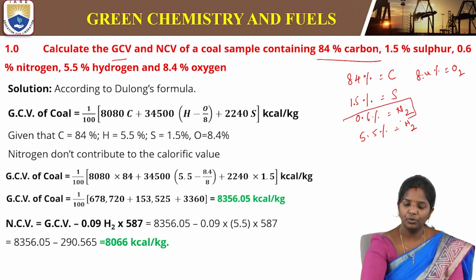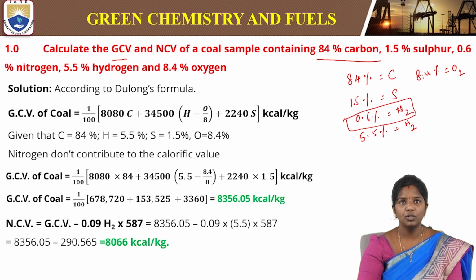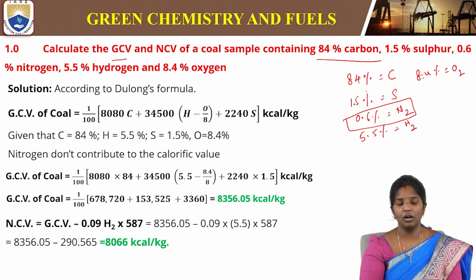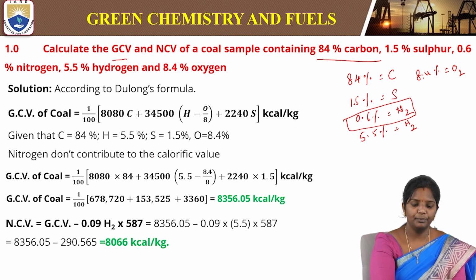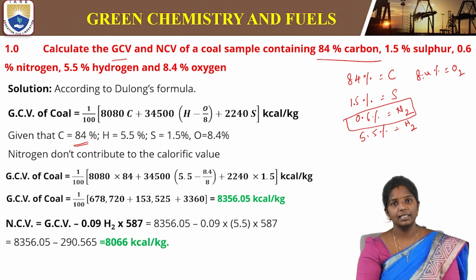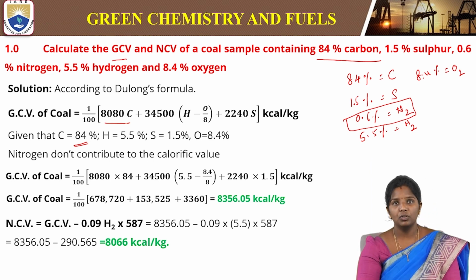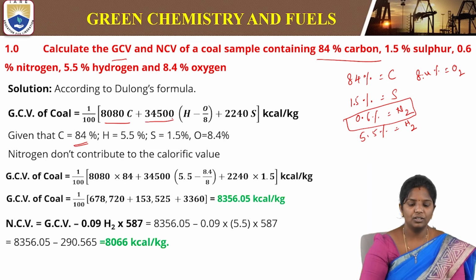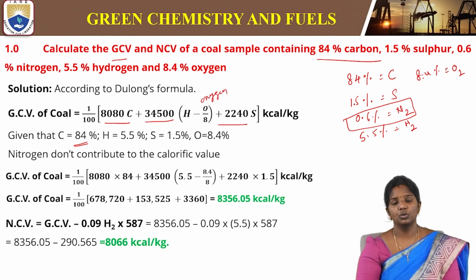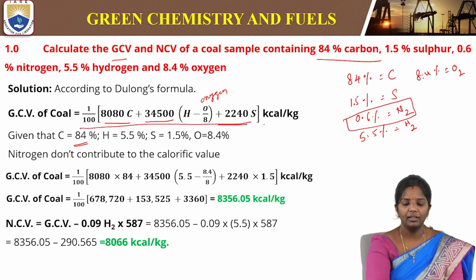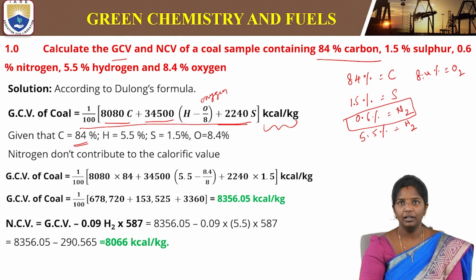Nitrogen doesn't contribute to any calorific value, so we do not consider it, and we substitute the remaining values in Dulong's formula. Whenever we substitute percentages as such, we use the formula 1/100 into 8080 C plus 34500 into (H minus O/8) plus 2240 S, expressed in kilocalories per kg.